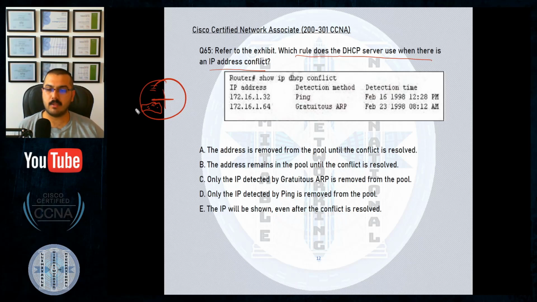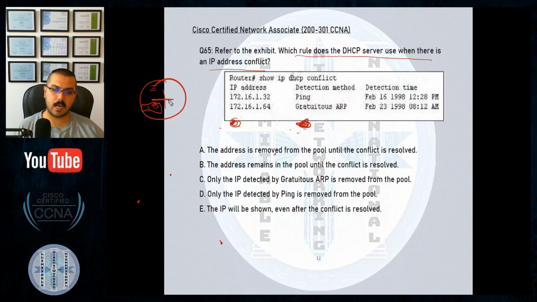So what happens if it has been reported that some of the addresses in your pool are already used on other devices in the network by another engineer? If you offer the same address to another device and it's already used by another engineer, there will be duplication, a disaster.